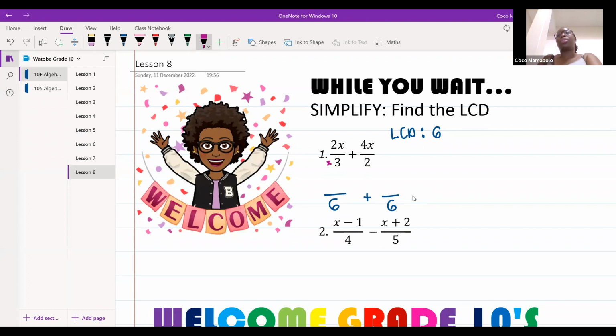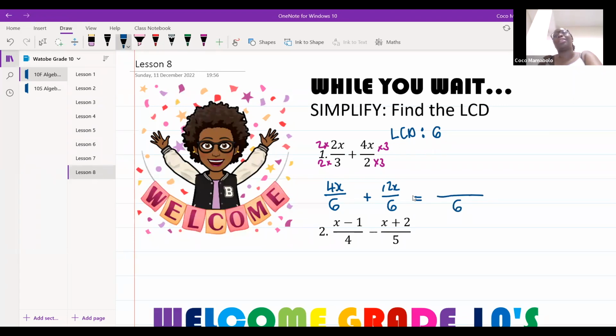Okay, so I'm just going to go through the questions real quick. I'm going to have to multiply by 2 over here and multiply by 2 there. So what I'm going to get at the top is 2 times 2x, which is 4x. And on the other side, I've had to multiply by 3. So I'm going to do the same thing at the top. And 4 times 3x is 12x. Then I'm just going to write one big denominator.